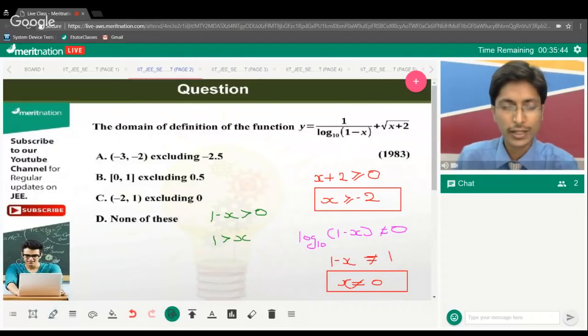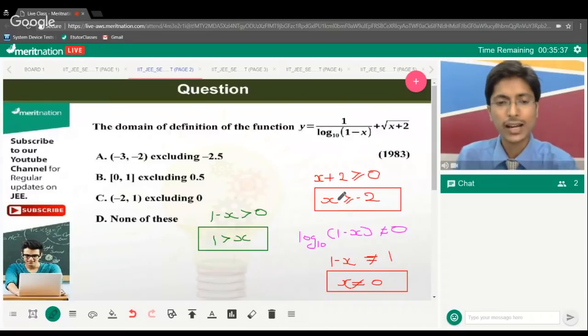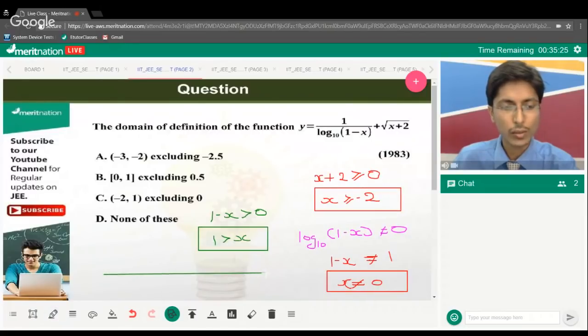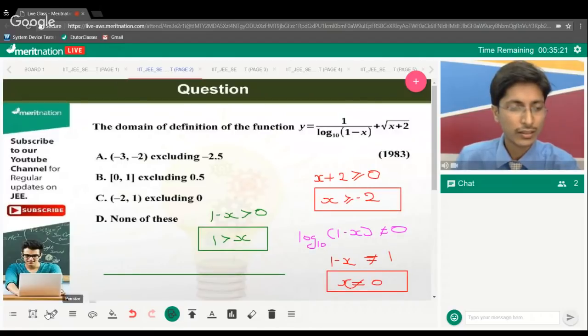So I believe many of you are getting what exactly my answer should be. If I combine these three things, x should be greater than minus 2. So if I draw the number line, guys, and see what all values are satisfying with me.